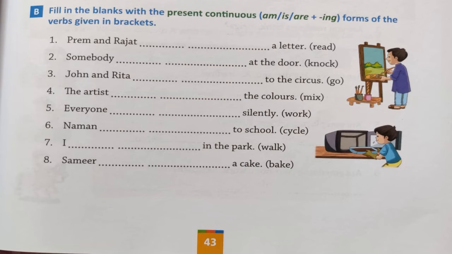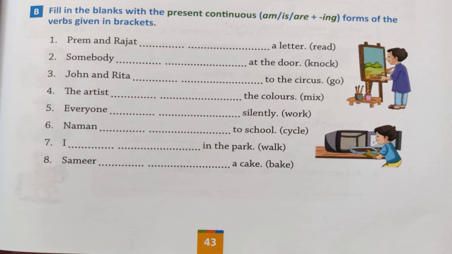Okay, you have to use both. If you use any one of them, it becomes incorrect. You cannot use only am, is, are. Neither can you use only a verb ending with ing. You have to use both am, is, are and a verb ending with ing.